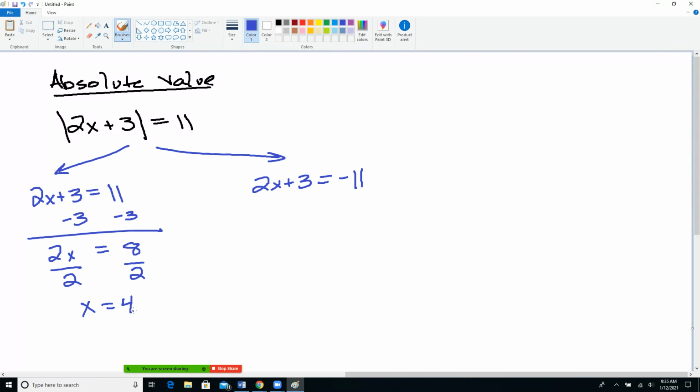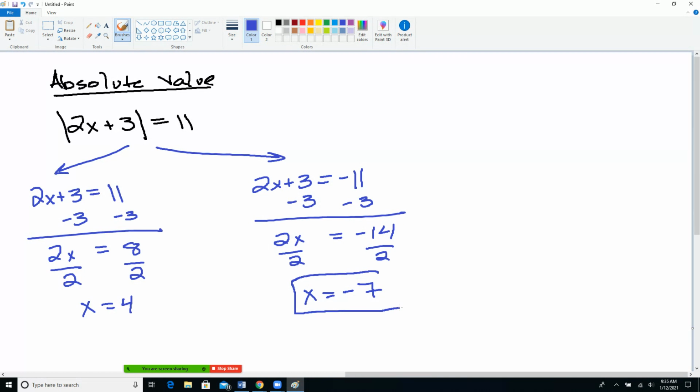x equals 4. Now, please don't, as some students do, write x equals 4 and x equals -4. As you'll see, that's not the answer. 2x equals -14. Divide by 2. Divide by 2. x equals -7.